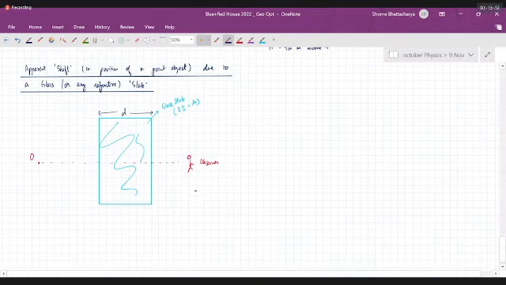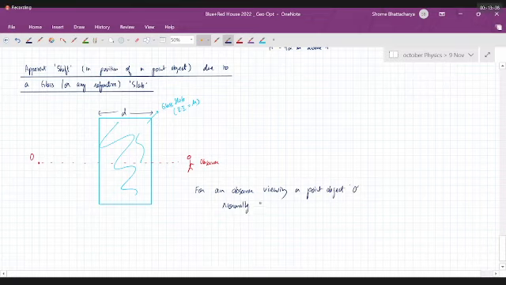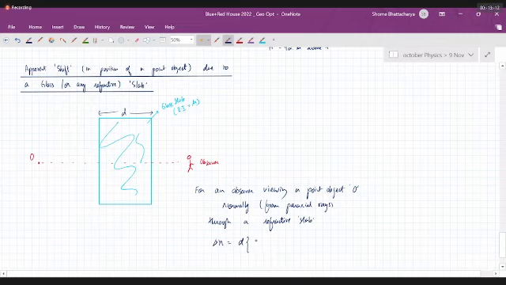So for an observer viewing a point object, normally, that means from paraxial rays through a refractive slab, delta x, that is the shift, is given by this formula, and we will prove this formula very soon.